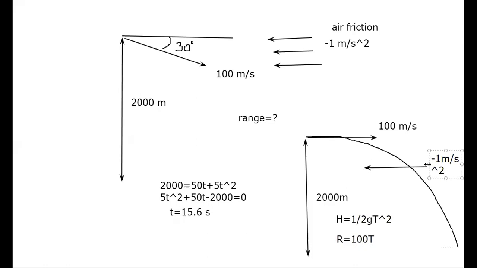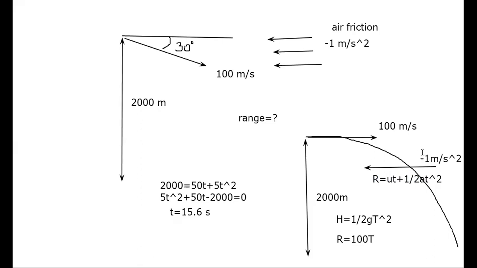So the only change in the entire solution will be that instead of taking the second formula as R is equal to UT, you have to use the new formula S is equal to UT plus half AT square. You need to use this formula because horizontal velocity is also changing, it is not uniform. So whatever time you get, you use that. Horizontal velocity is 100, acceleration value you take as -1.